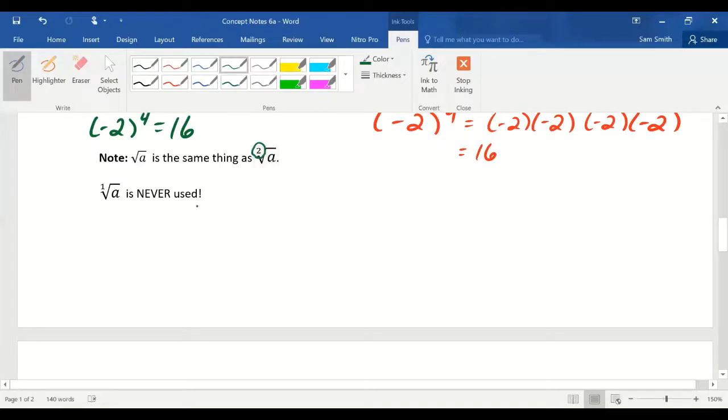I know it's tempting to see this and say, oh, that must be an index of 1. But we never, ever, ever talk about the first root of a. You can rest assured that you will never see anything that means the first root of a. Square root is the same thing as second root.